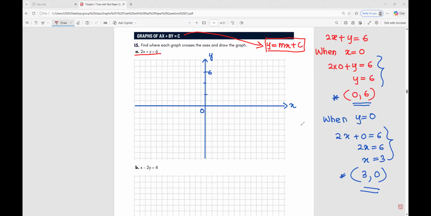When y is 0, x equal to 3. 1, 2, 3. This is 2, 4, 6. Then the line. This is one point. This is the other point. Line is going like this way. I can extend it.